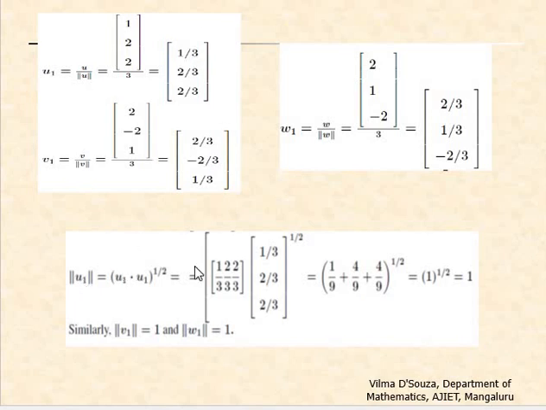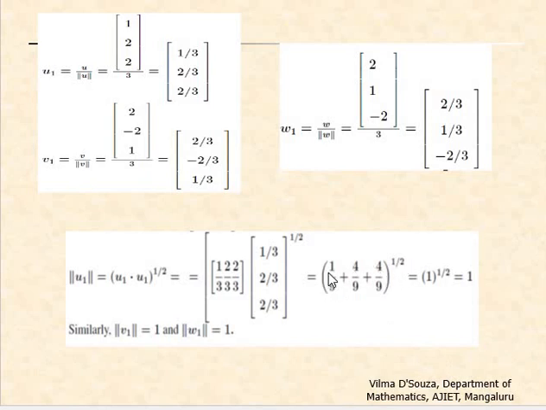This is another way of finding it, one and the same as before. The square root of (1/3)² plus (2/3)² plus (2/3)².